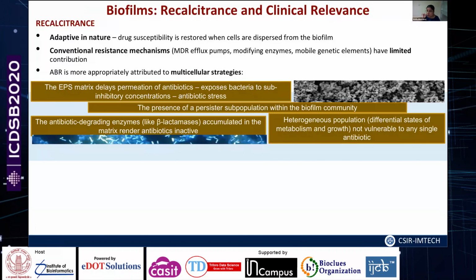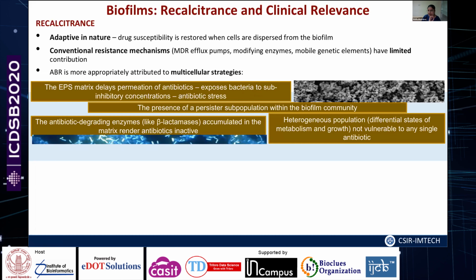But there are certain properties of a biofilm. First, recalcitrance, which means what? The minute the biofilm breaks open, the residents of the biofilm again become susceptible to the antibiotics. When they are in the biofilm, these antibiotics don't work, but when they're out of the biofilm, the same antibiotics work. Second, the mechanisms are not the same.